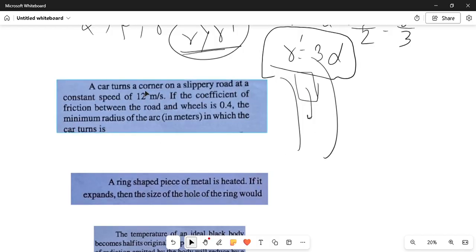The road is slippery and the speed is constant at 12 meters per second. For taking a turn, for circular motion, the car needs centripetal force.